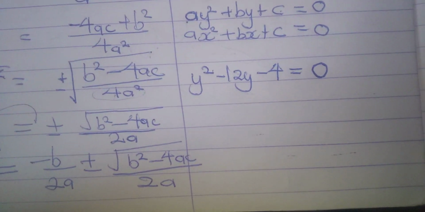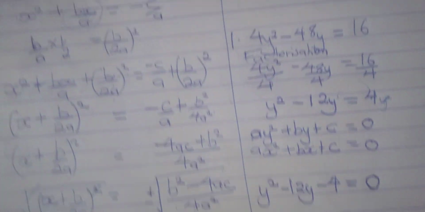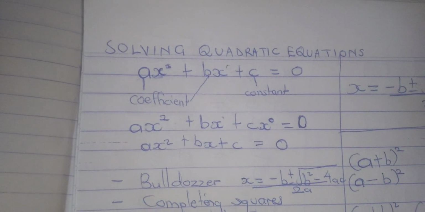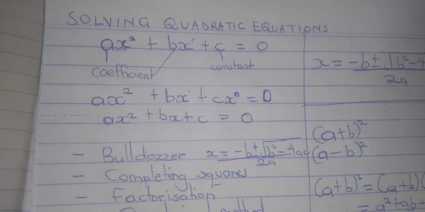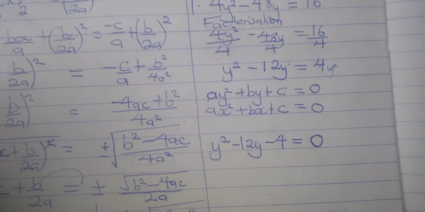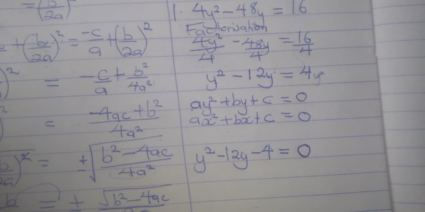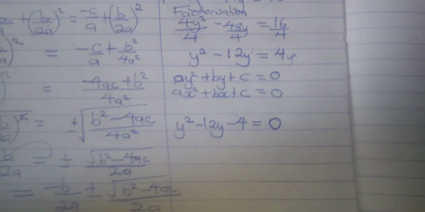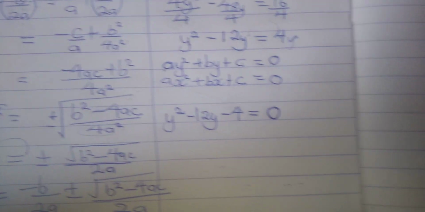So it is equating to 0. So we can see that it is in the first form, ax squared plus bx plus c equals 0. So I've arranged that quadratic equation. Having arranged it, let me see how best I can go about this. We said I'm using factorization.